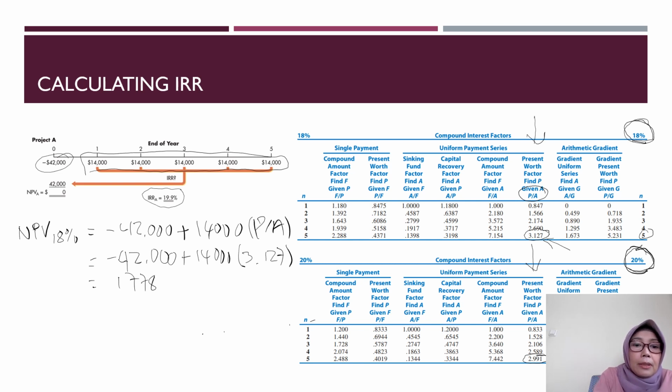The same way, we can calculate the NPV for 20%.